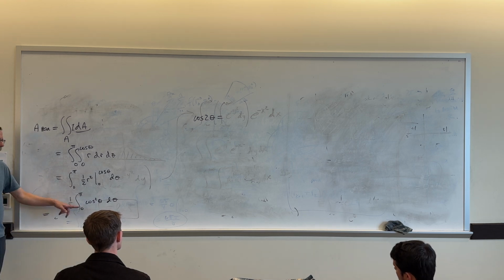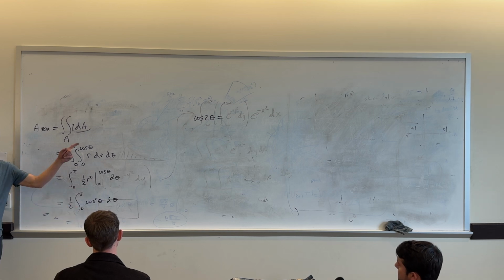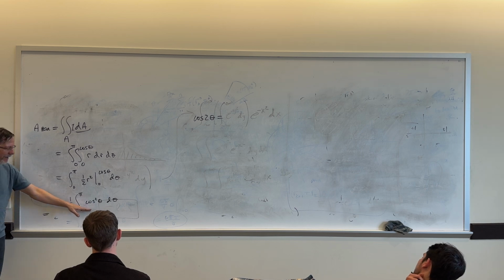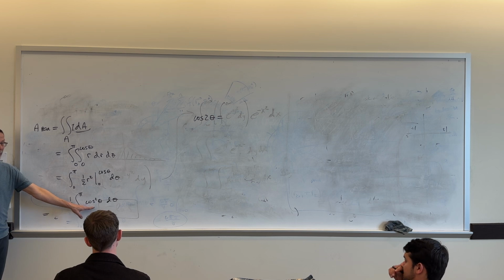Does anybody remember how to do that? I kind of have a hint up there, but we need to work it through. Does anybody remember how you take this cosine squared and integrate it? Because you can't do it the way it's written.